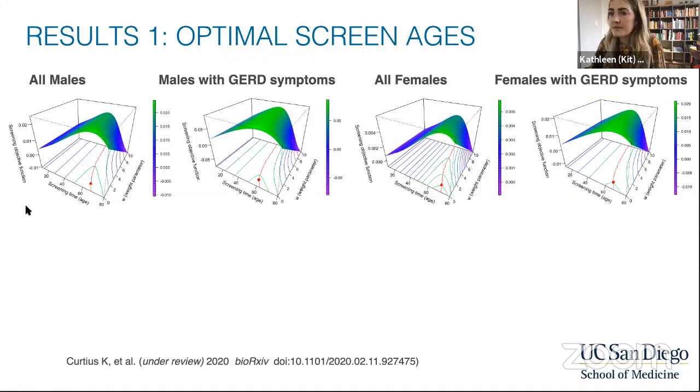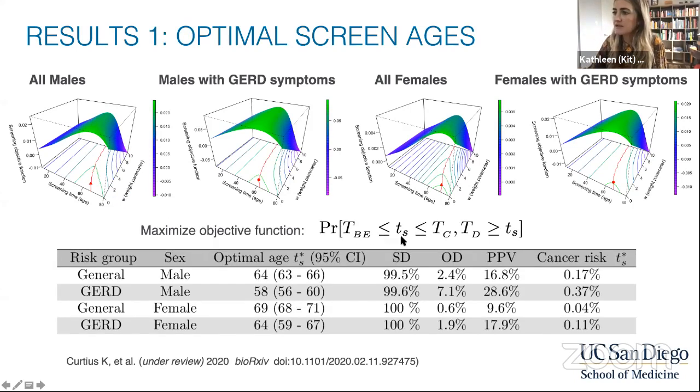And the shapes here are showing the optimal time for that W=1 case, which again was our objective function with W=1 in the proper probability. And so these were the optimal ages that we computed. For the general male population, it was age 64, for GERD males 58, for general female 69, and for GERD female 64.